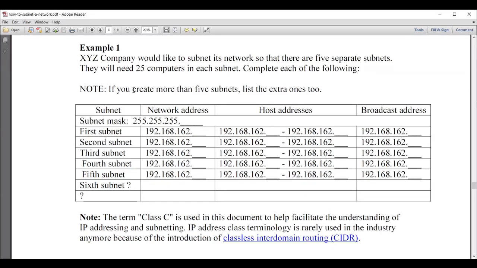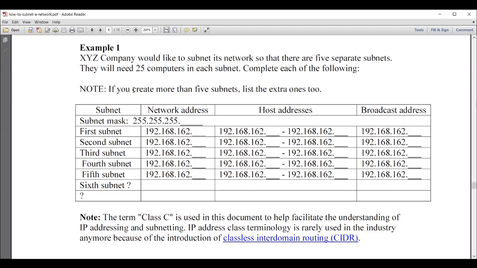Now you can see how many host addresses you can make from these 5 bits. To calculate the number of host addresses, you can utilize the formula that we have learned, that is 2 to the power n minus 2. Here n is equal to 5, so 2 to the power 5 is 32.